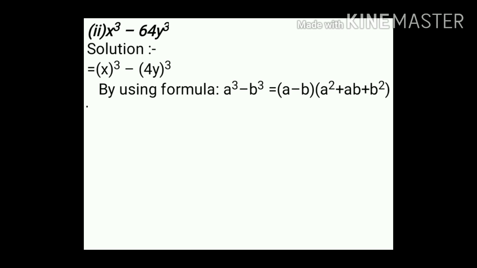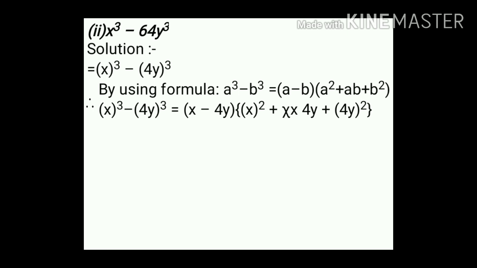Therefore, (x) cube minus (4y) cube equal to x minus 4y. In another bracket, (x) square plus x into 4y plus (4y) square. After expanding by using the formula, now we have to solve.